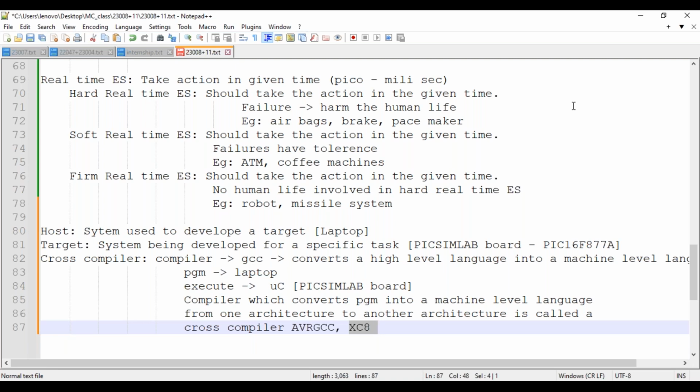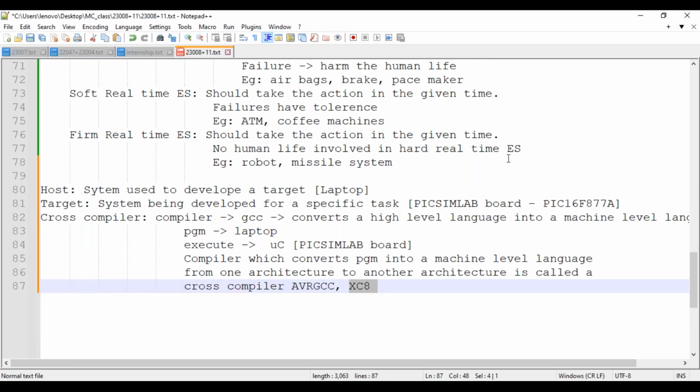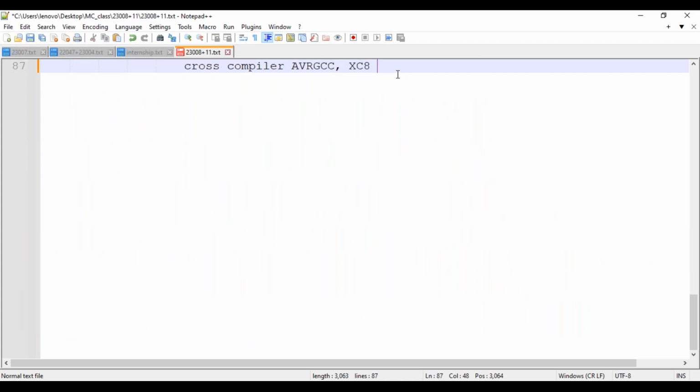Okay, so we are going to start with the programming part today. To start with, we will go with a very basic program. Just focus on the program I'm going to write right now.